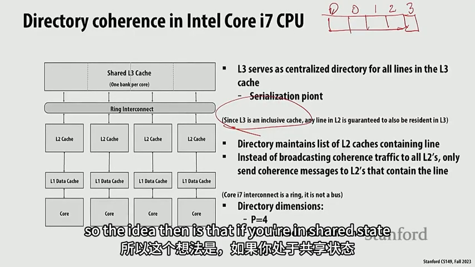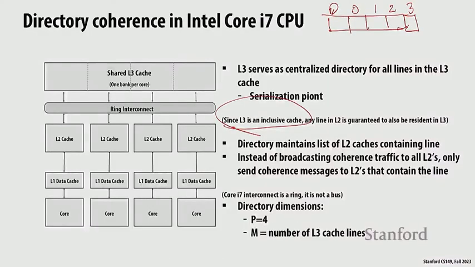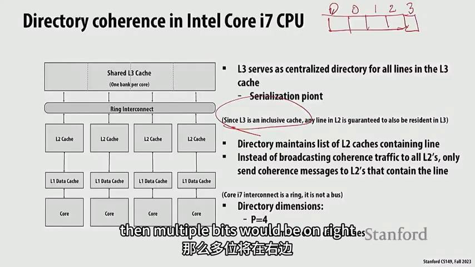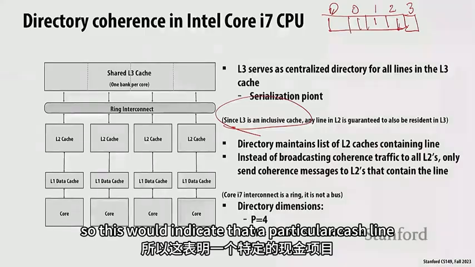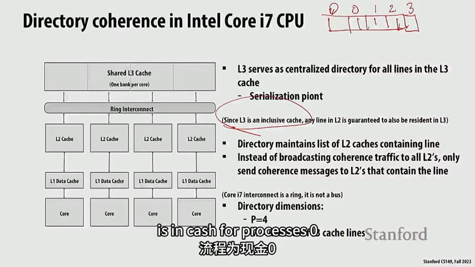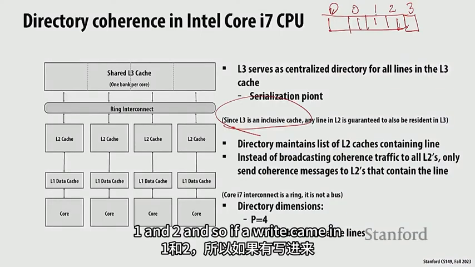So the idea is that if you're in shared state, then multiple bits would be on. So this would indicate that a particular cache line is in cache for processors 0, 1, and 2.